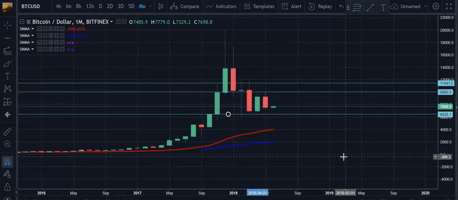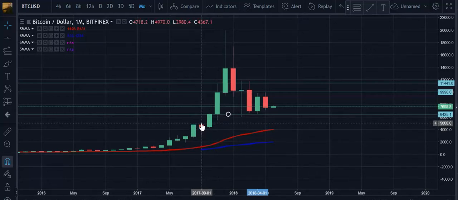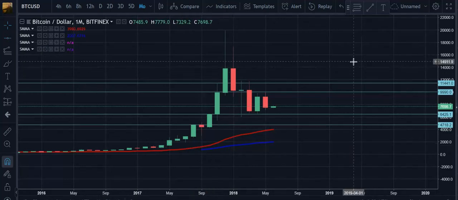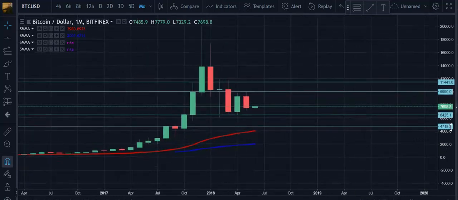Let's go one below. I would go for this one now, because we have support here and resistance here. Perfect.